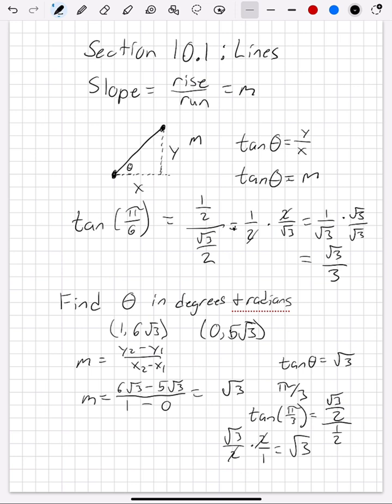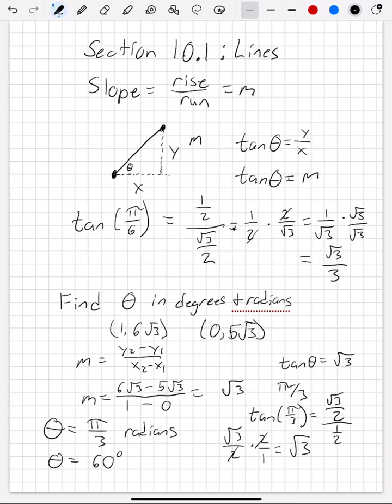So the value of theta in radians is pi over 3 radians. And if I look at the unit circle, the corresponding value for pi over 3 is 60 degrees.